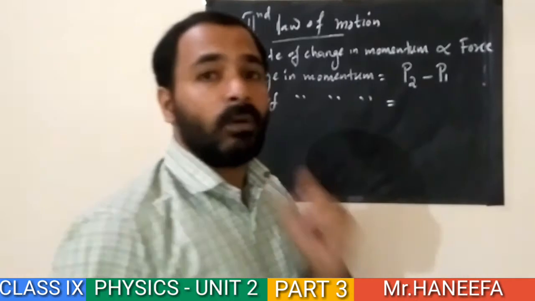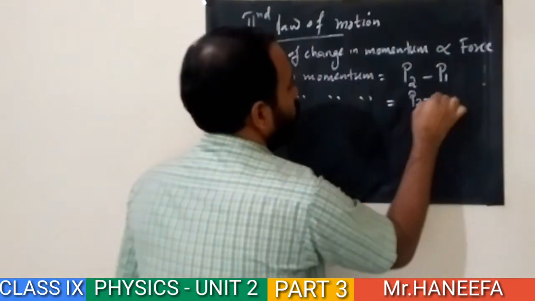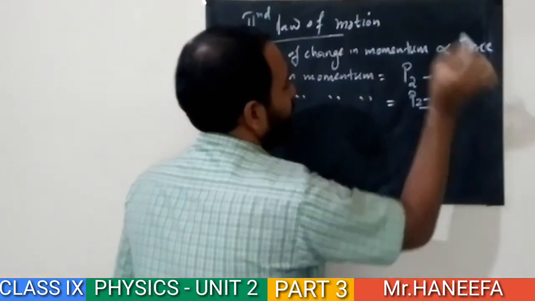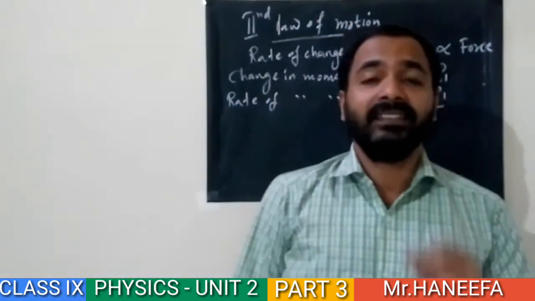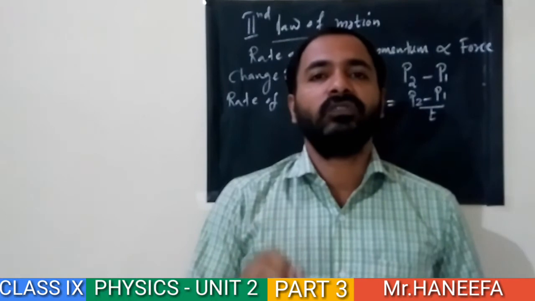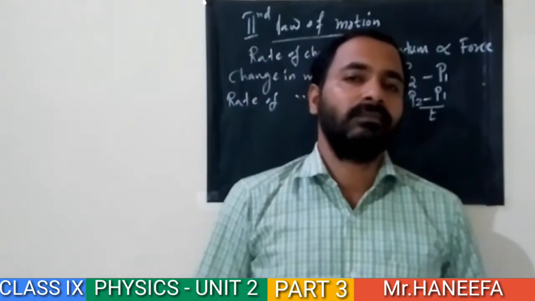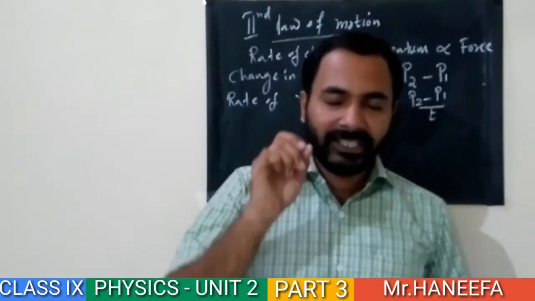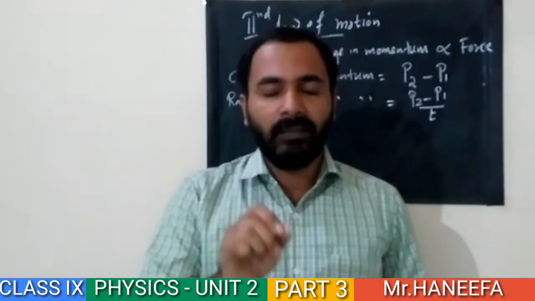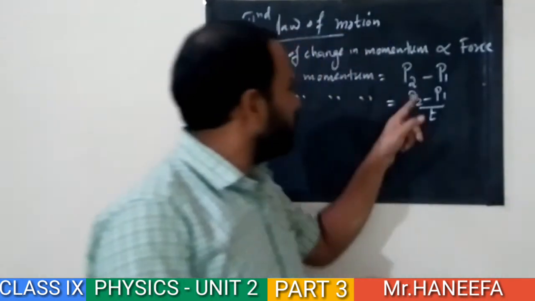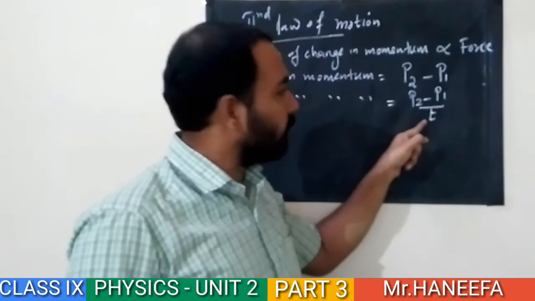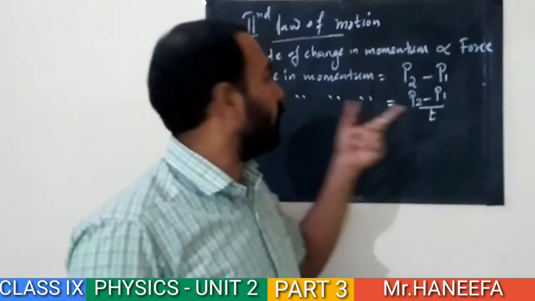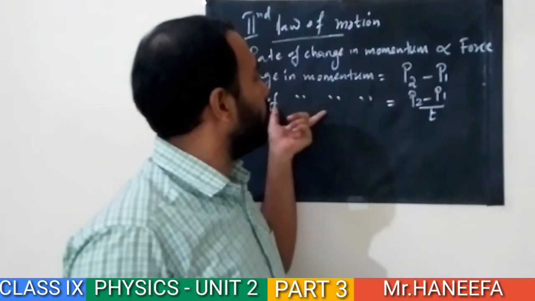Rate of change in momentum equals P2 minus P1 by t. That is called the rate of change in momentum. It means final momentum minus initial momentum divided by time.